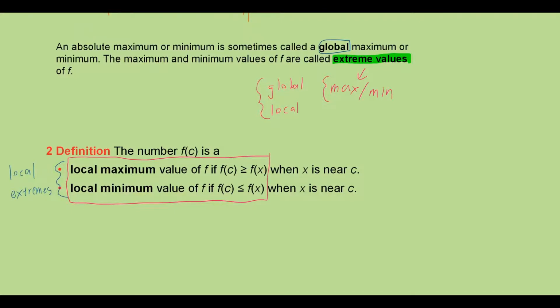But the main difference here is that for the x value, we are only looking at the x value near the point C. Okay, so one question that you might think of is, if it's near C, then how close do we want it to be, right? And there is no true answer. There is no specific answer saying, okay, you have to be this close in order to be a local maximum. But let me give you a graph to show you what we're looking at.